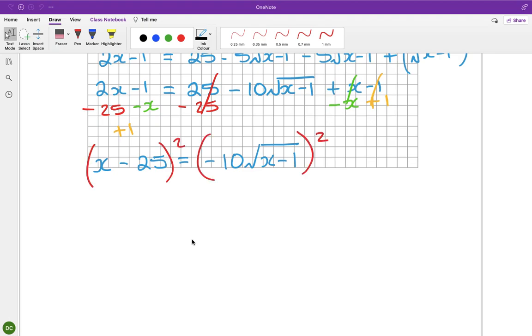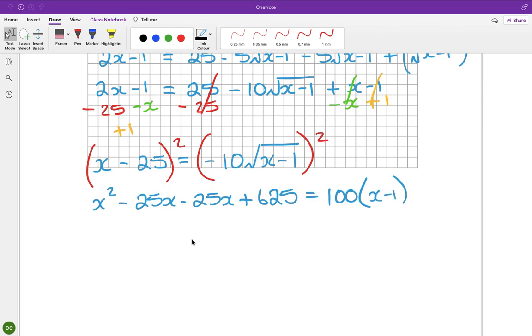So this one is x squared minus 25x minus 25x plus 25 squared, 625. And on the other side, we square the minus 10, so we get 100, and we square the square root, which is just x minus 1. So the square roots are gone.